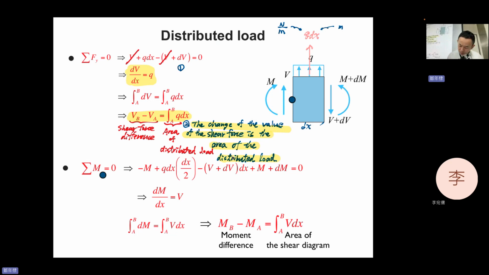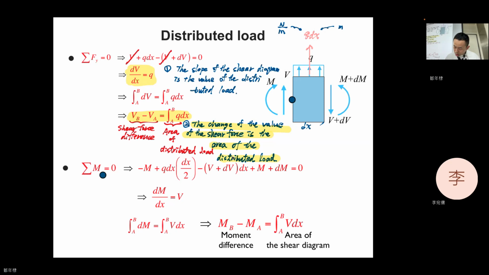The first one is that the slope of the shear diagram is the value of the distributed load at the corresponding point. So the slope of the shear diagram is the value of the distributed load.